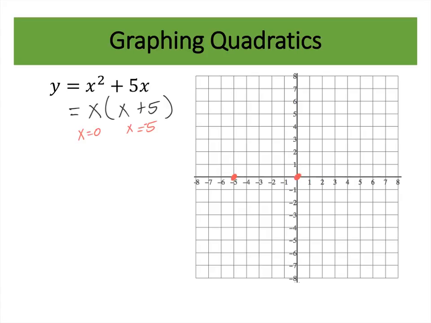Now, to get the line of symmetry, I'm going to do the line of symmetry in green. I just take the average of the x-intercepts. So negative 5 plus 0 divided by 2 is negative 5 halves, which is negative 2.5.